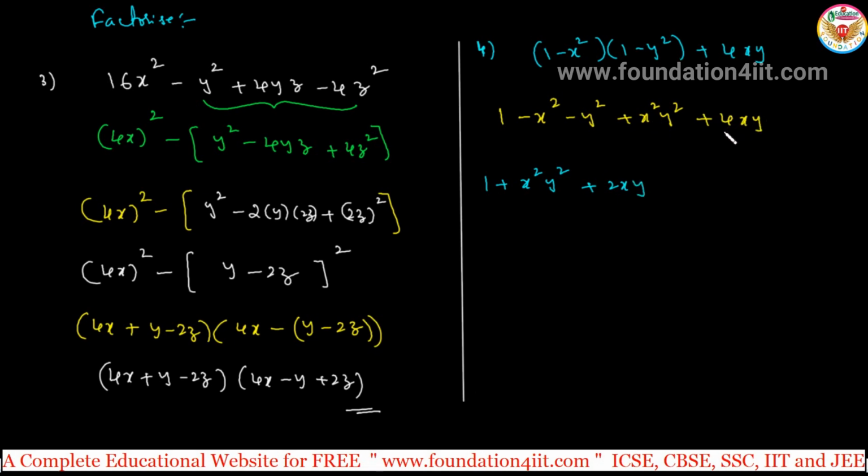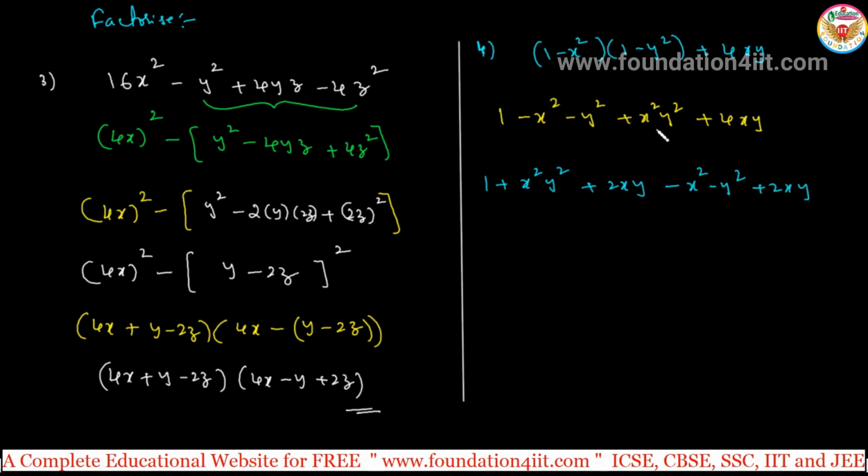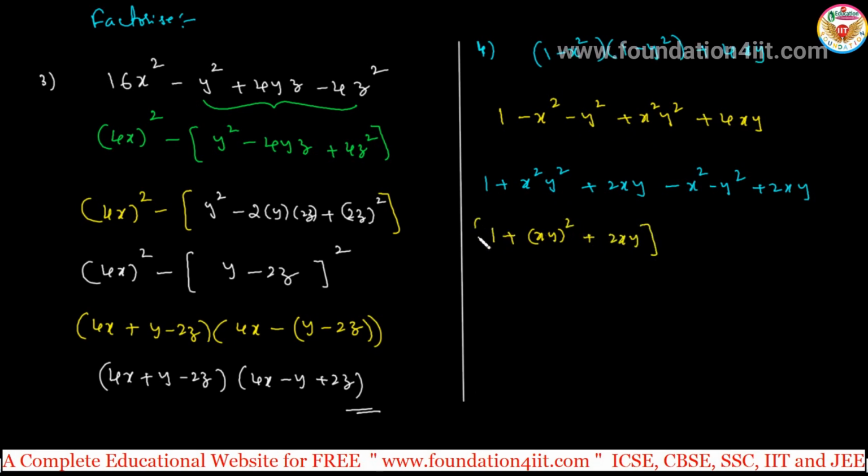This 4xy is now plus 2xy, again minus x square minus y square plus 2xy. I just did this for convenience. First one from this, now this one from up to this part. 1 plus xy whole square plus 2xy. For this, close the bracket: minus common x square plus y square minus 2xy.